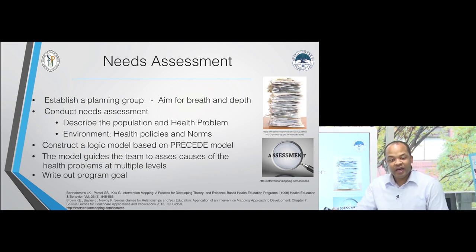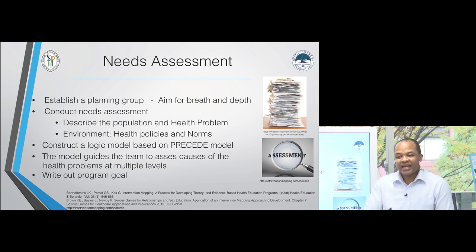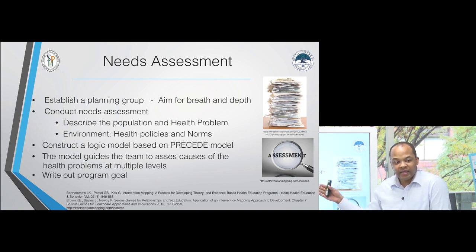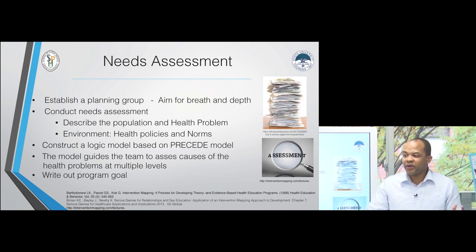You need to survey the environment in terms of policies, in terms of group norms. You need to understand the environment very carefully. And there is a model or a framework that is popular in this intervention mapping. It's called the PRECEDE-PROCEED actually. This model diagnoses the population you're working with.